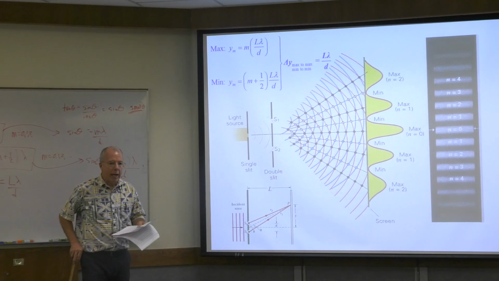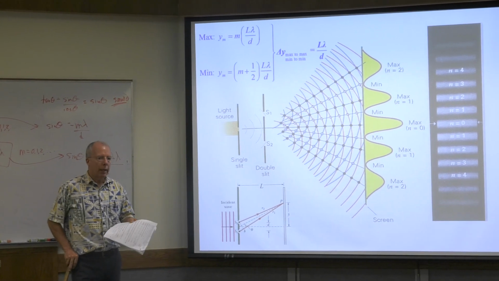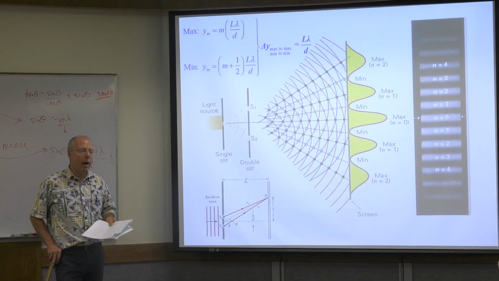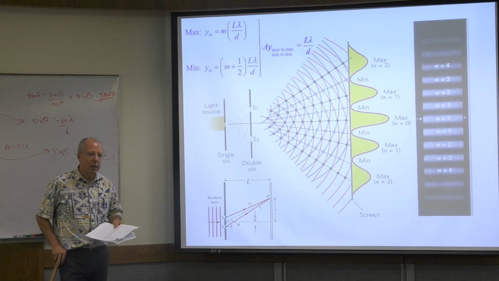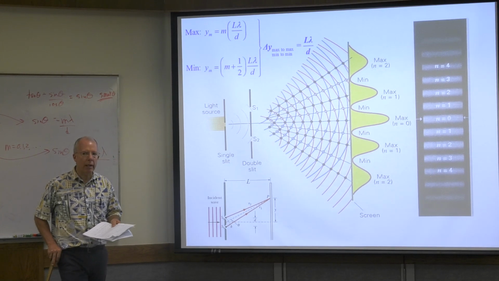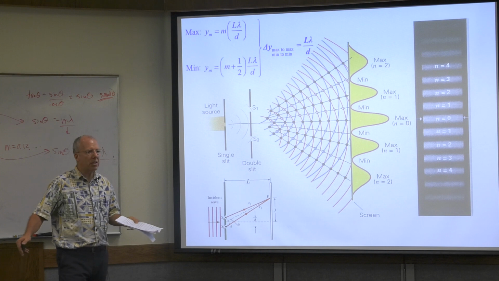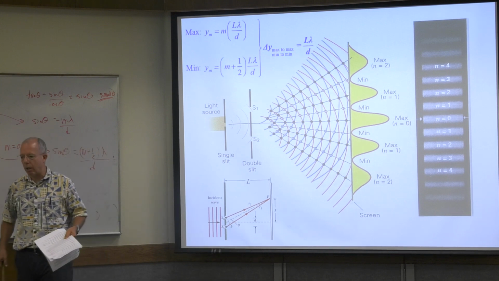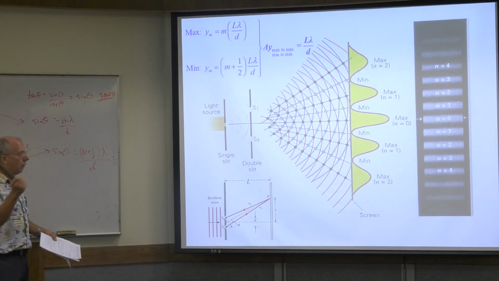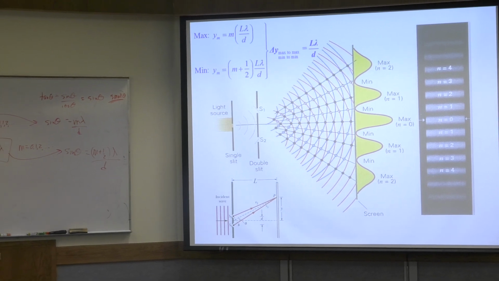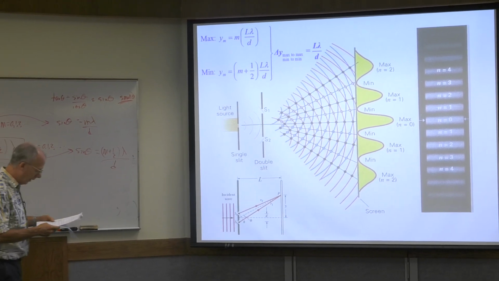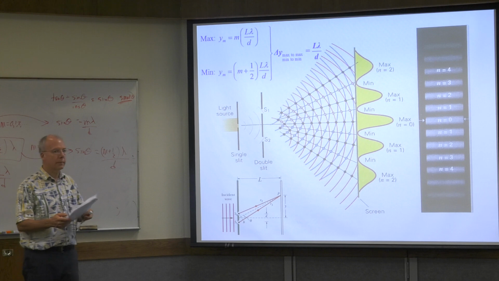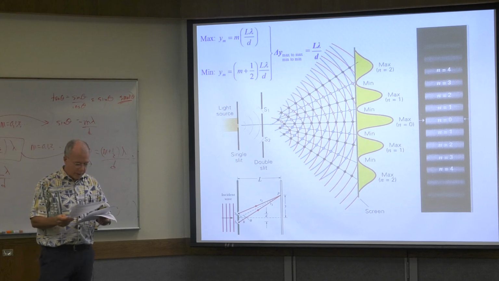The wavelength of light is between 4 and 7 times 10 to the minus 7 meters, like 5 times 10 to the minus 7 meters. That is incredibly small, and we can just figure it out doing that double slit experiment. That's totally incredible. All right, let's quit now.